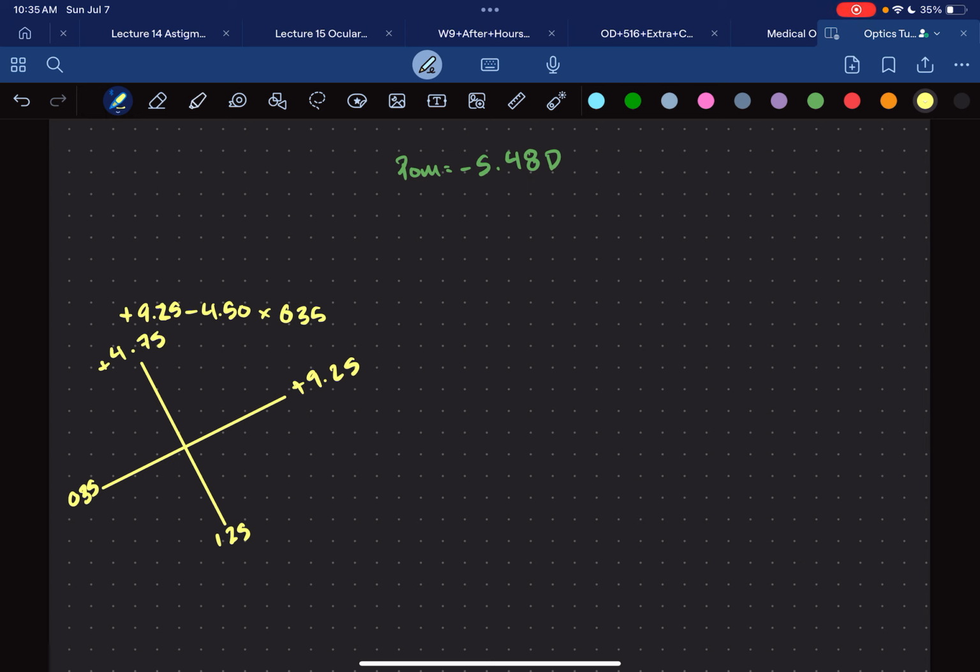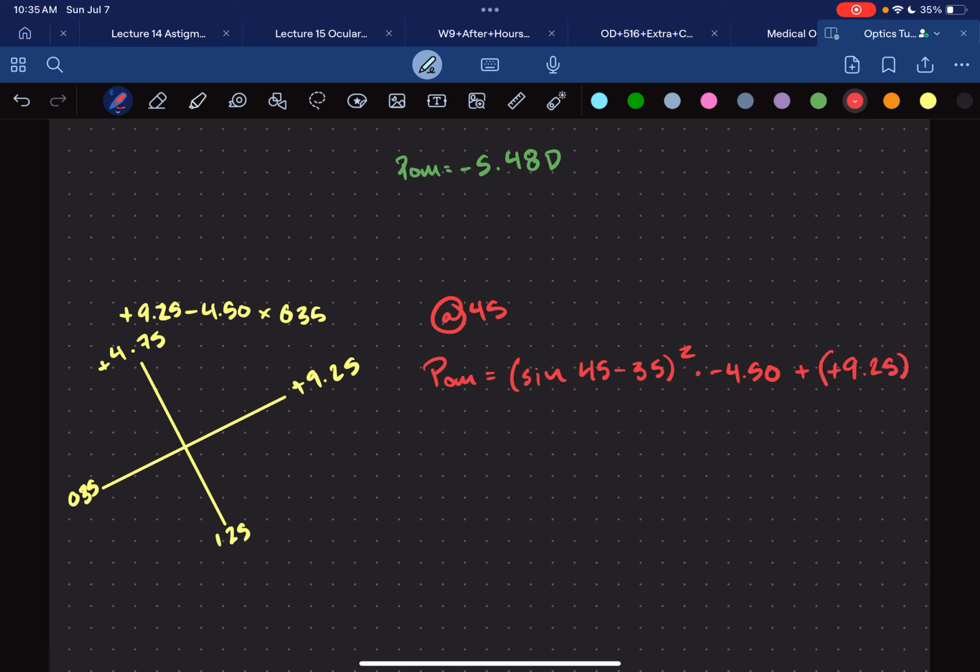So let's find this one at the 45 real quick. And I'm not going to draw it, but let's go ahead and write out the equation. So the power of the meridian that we're trying to find, which is at the 45, is equal to sine of 45 minus 35 squared times the cylinder power, which is a negative 4.50, and add the 9.25.